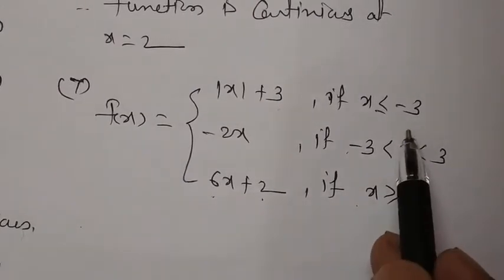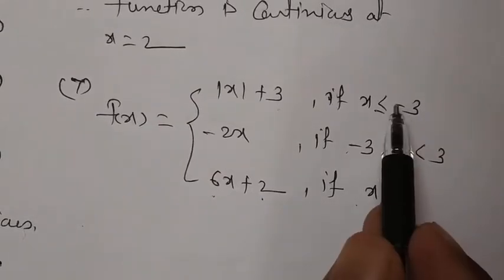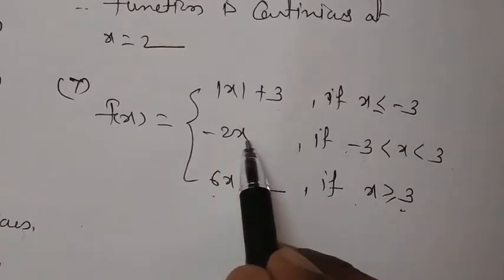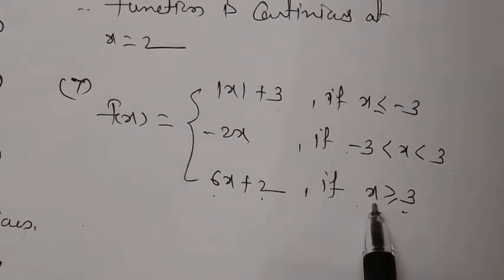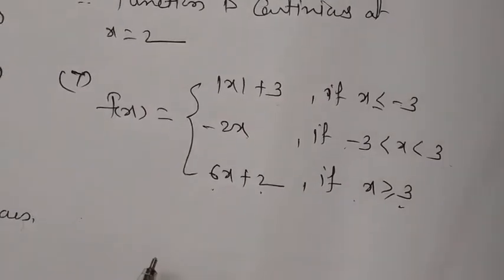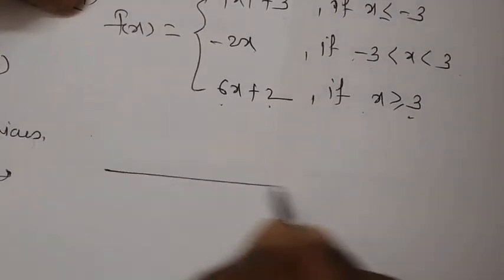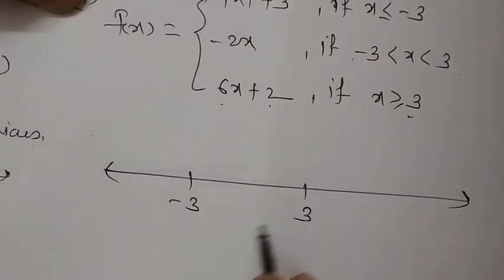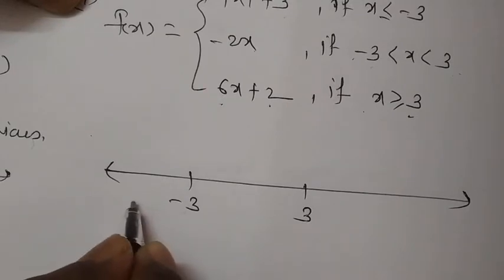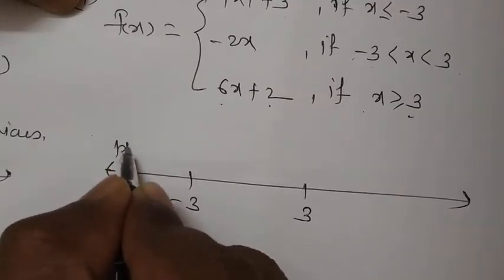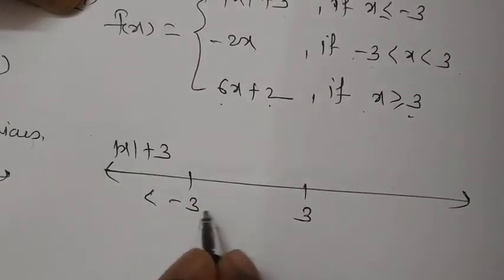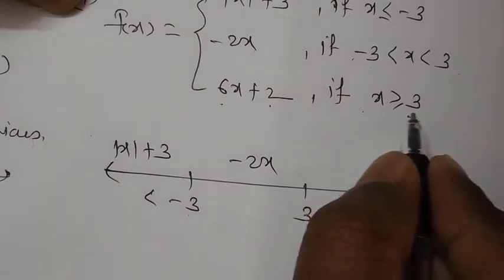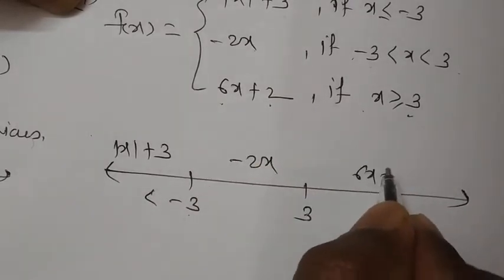So there are three intervals: less than minus 3, the answer is modulus of x plus 3; minus 3 to 3, the answer is minus 2x; and for x greater than 3, 6x plus 2.